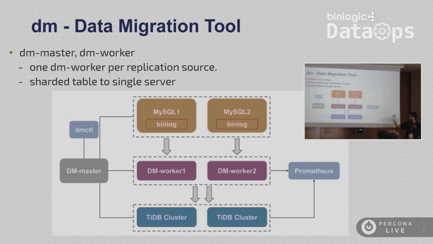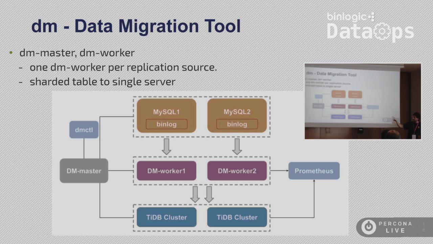In this case, we will use different workers on different MySQL sources. Each instance will have its own worker. Then you have the DM master, which is responsible for coordinating things and making data go into the TiDB cluster.